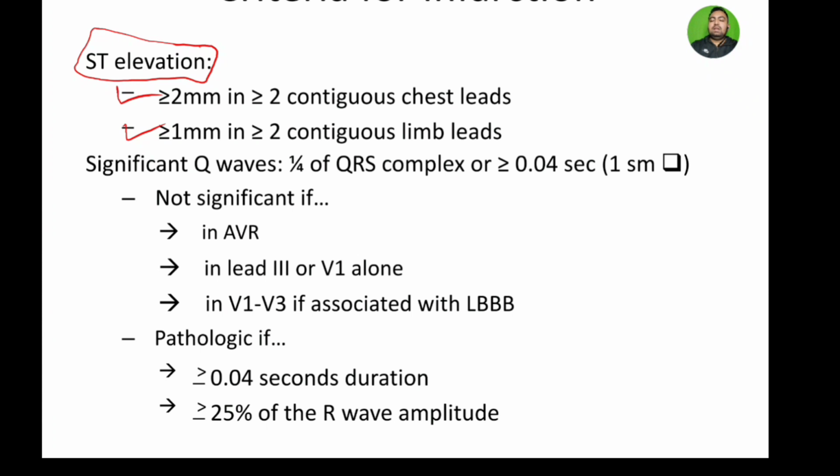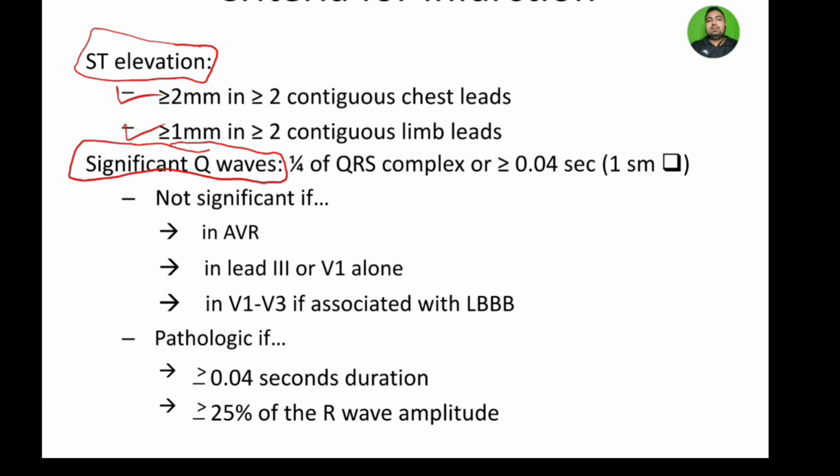Now the second thing you must know is what is a significant Q wave, or what are the criteria to signify whether this is a significant Q wave or not. Whenever you find a Q wave in an ECG, first of all you are supposed to check the depth of the Q wave.